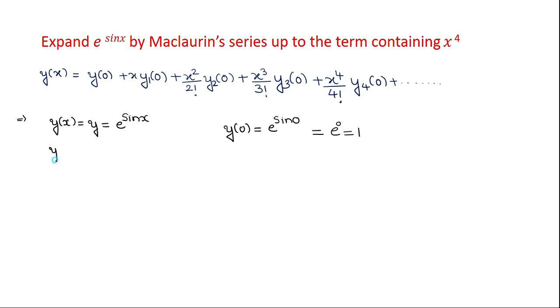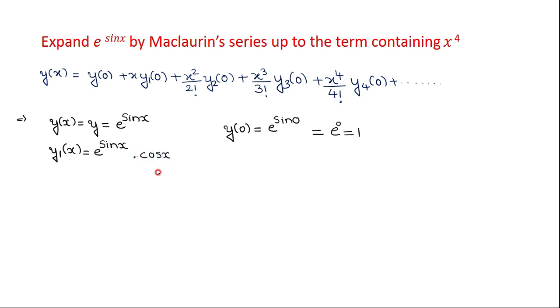For that, y1 of x is equal to the derivative of e raised to sin x, which is e raised to sin x itself. Now it's a composite function. The derivative of sin x is cos x.